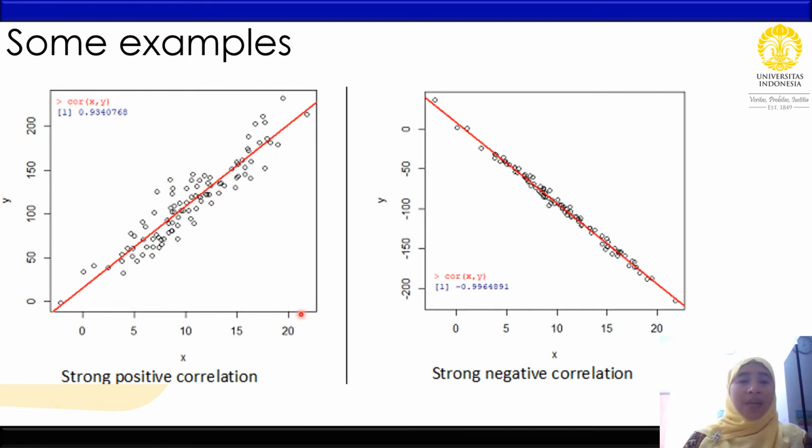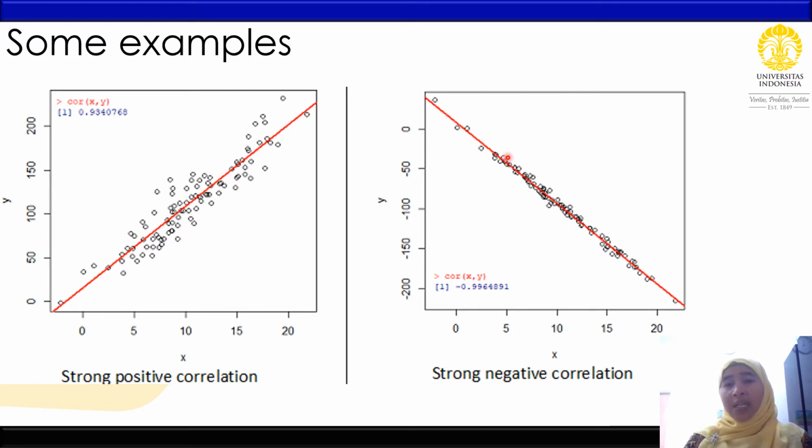Here's another example. Now we see the points are more concentrated along the line, although not all of the points are exactly on the line. So we can say that the correlation is getting stronger. And then we are given that the correlation between x and y for the left plot is 0.9340768, a strong positive correlation.